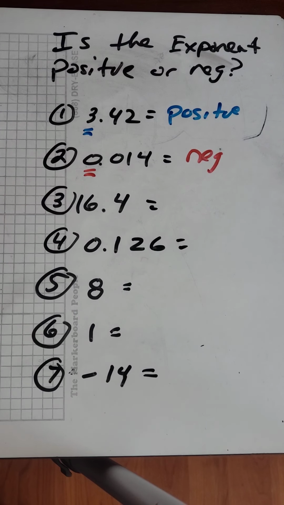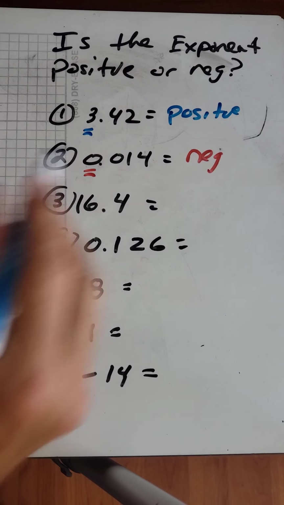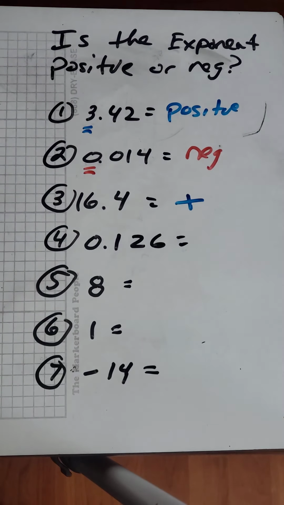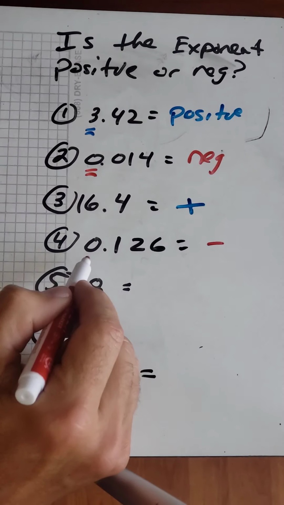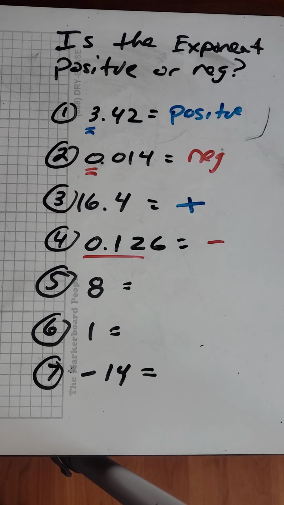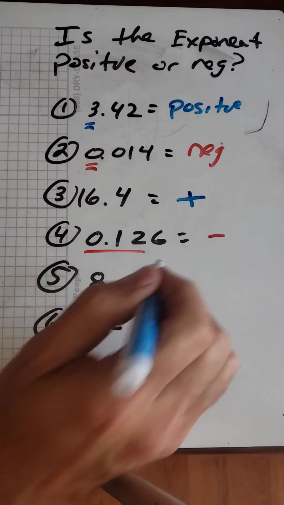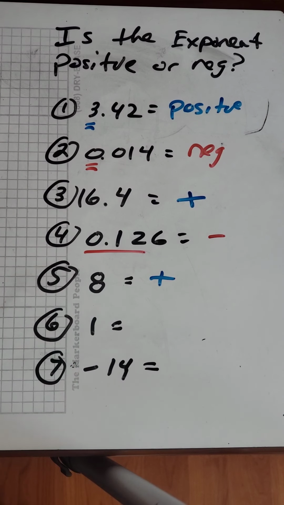The next one, number 3, is positive because 16 is bigger than 1. The next one is negative because this number is less than 1. The next one is positive because this number is bigger than 1.